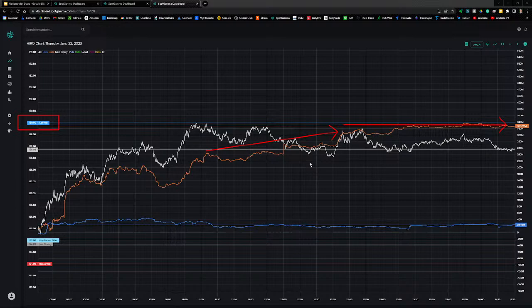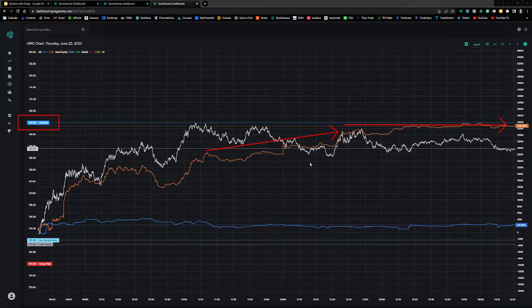And RJ says, would you consider selling 130 calls? I would not sell naked calls in Amazon. If you do want to, if you assume that level is going to hold, then perhaps a call spread.